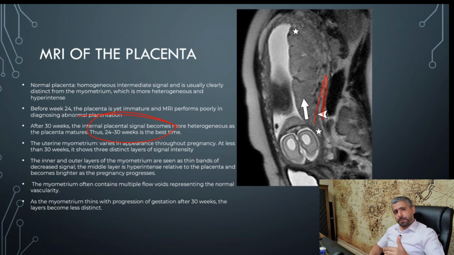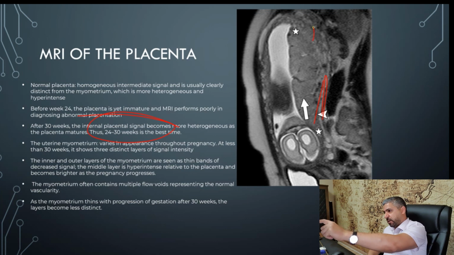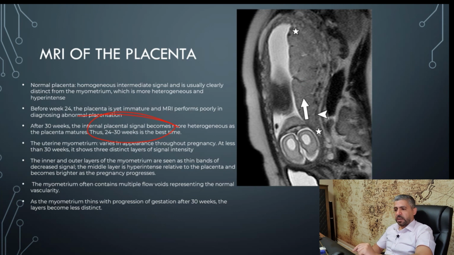And as the pregnancy progresses, the middle layer will become even more hyperintense, more bright. The myometrium normally contains multiple flow voids, which is a normal vascularity. You can see here, there are these hypointense flow voids. And as the pregnancy progresses, the layers will be less distinct.